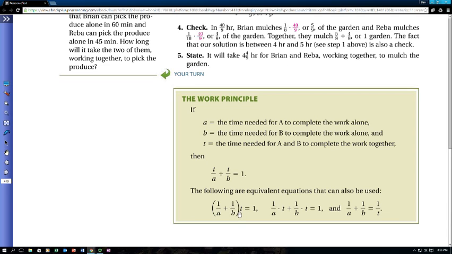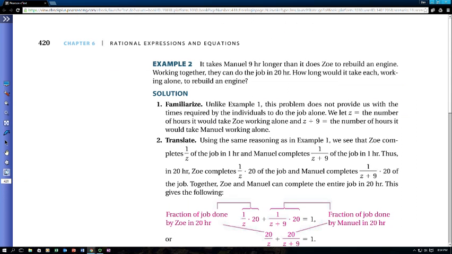Here they factored out the T, and in using like the distributive property, here they rewrote the fractional way of T over A is the same as 1 over A times T and 1 over B times T. Or I can have 1 over A plus 1 over B equals 1 over T. And this type here was kind of like, hey, that ended up being a reciprocal when we looked at adding those fractions together. But really that was about how do we get something that makes sense for these kinds of problems.